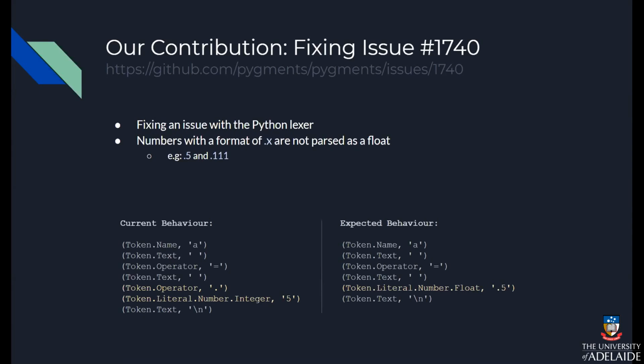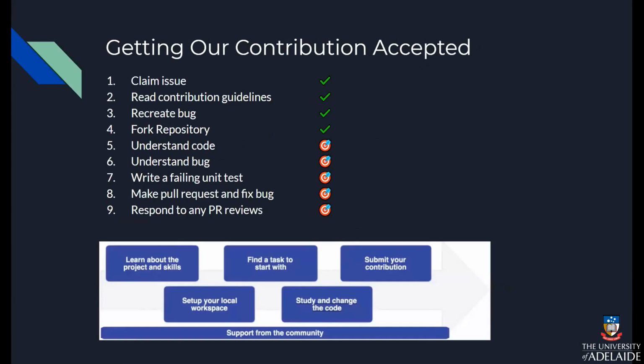And yes, so Liam will now go through getting our contributions accepted. To get our contribution accepted, we have first claimed the issue by writing a comment introducing who we are and that we are working on it. We have read their contribution guidelines, which include a semi-strict format on how they want their lexer to be written.